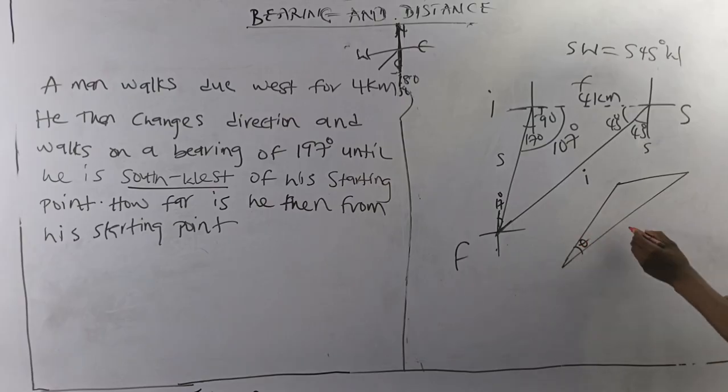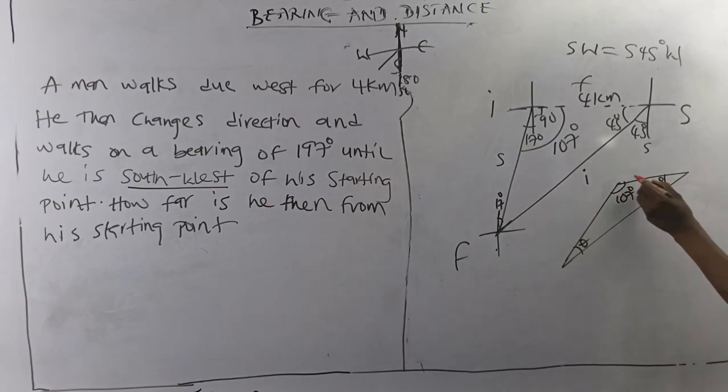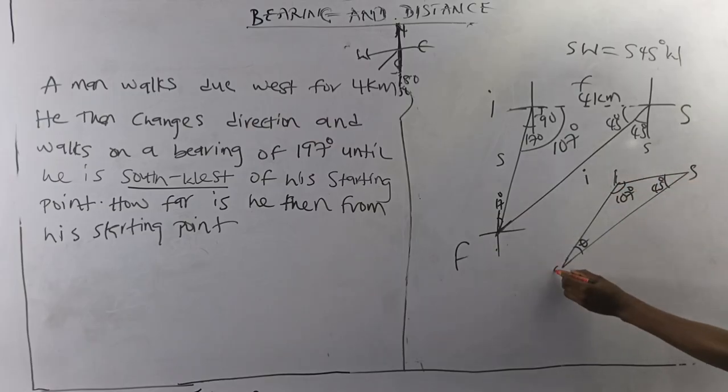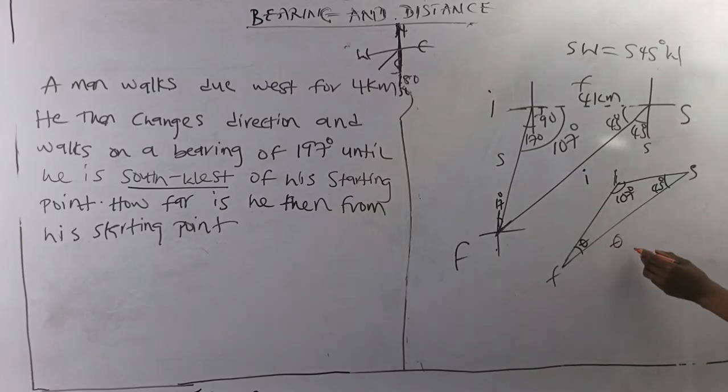I don't know this angle theta. This is 107 degrees, this is 45 degrees. So I can get my theta, which is F. To get my F, I'm taking this as theta.